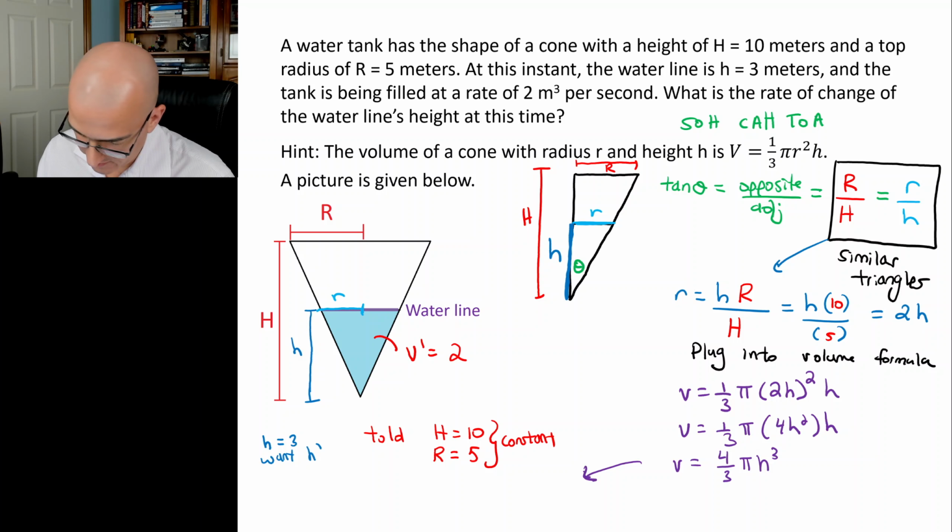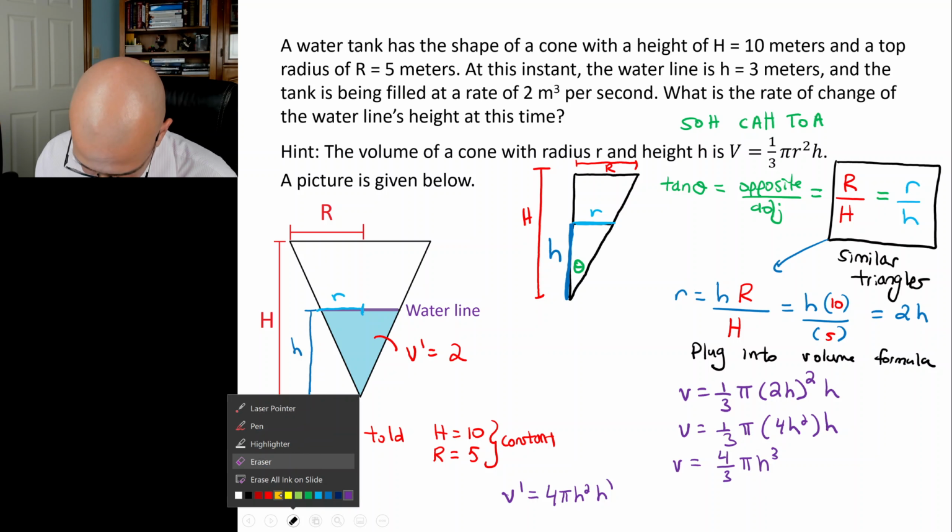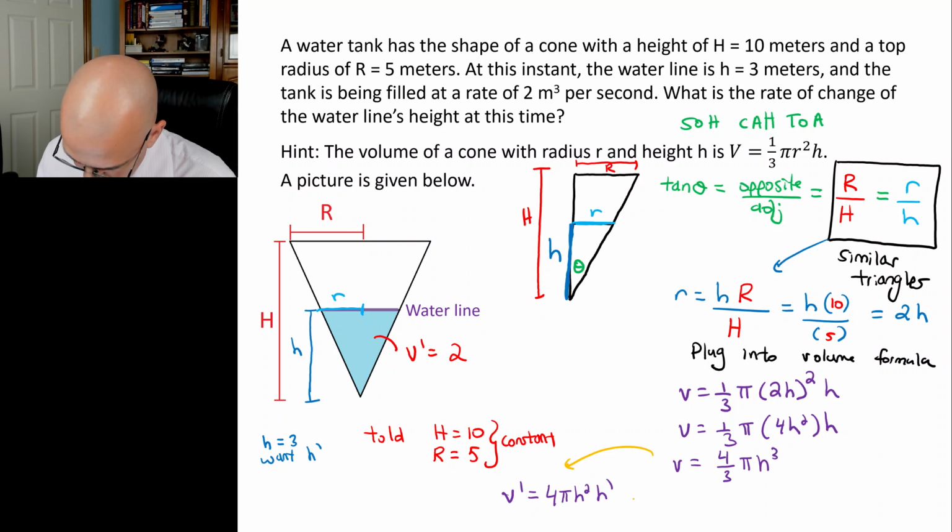So we'll take the derivative. We get v prime is equal to 4 pi h squared h prime. What happened to the 3? The 3 came down and canceled. The 3 was already in the denominator. So then this means that h prime, the thing that we're after, is equal to v prime divided by 4 pi h squared. Then we can plug in our data.